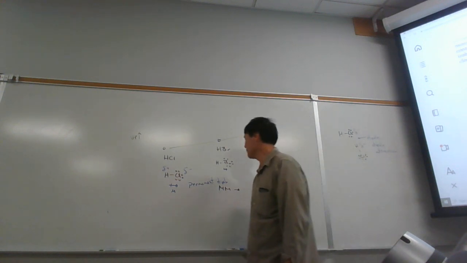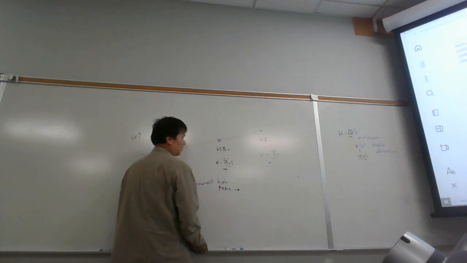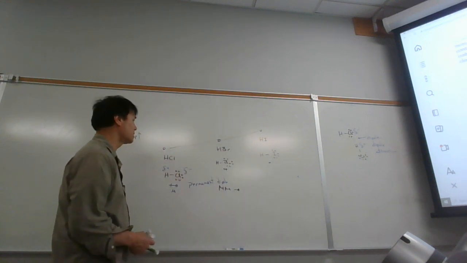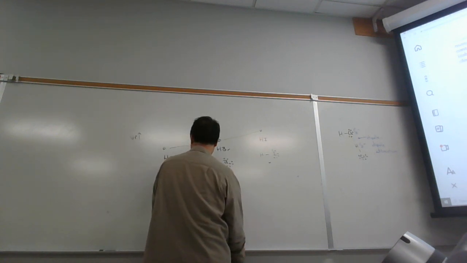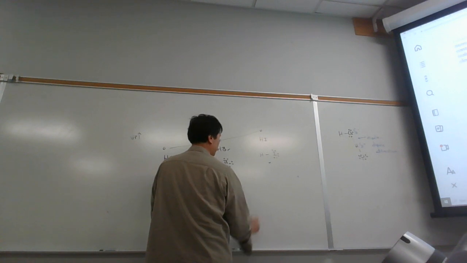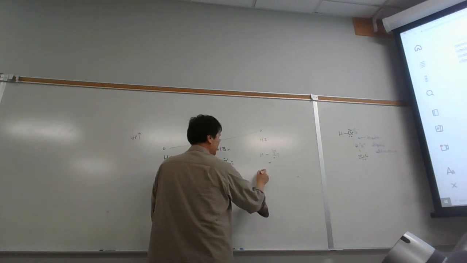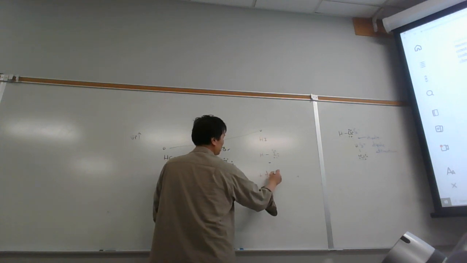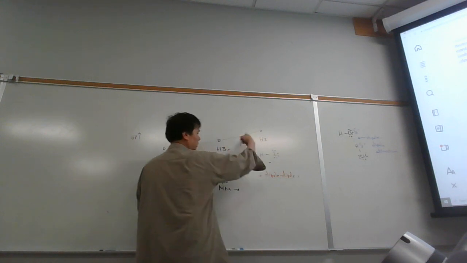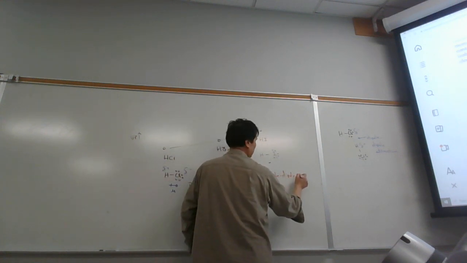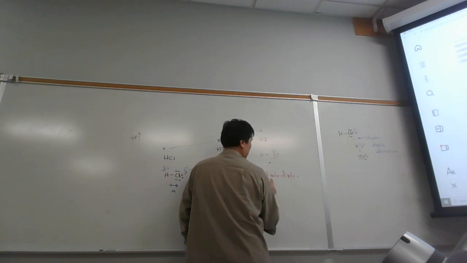But what's happening here is we're having decreasing dipole attraction as we're going left to right. And therefore, if we're having decreasing dipole, we expect the boiling point to go down.